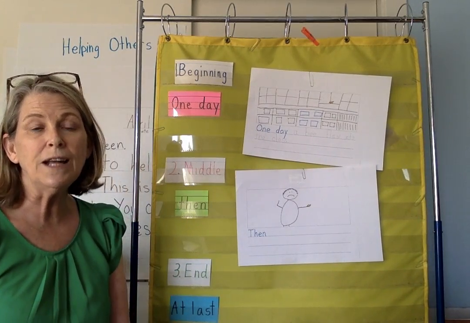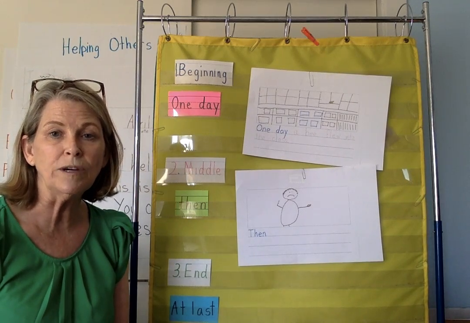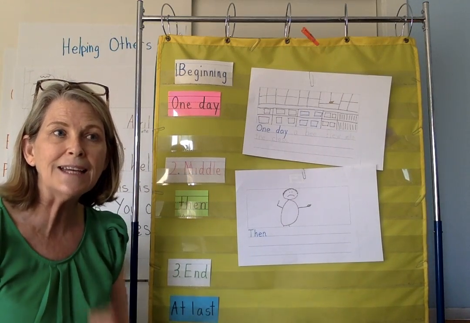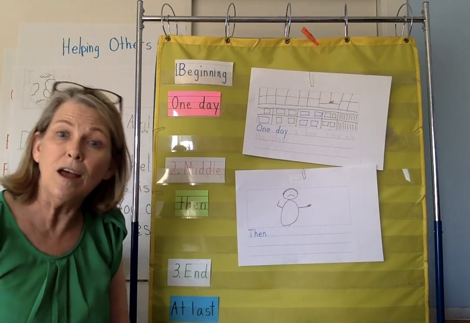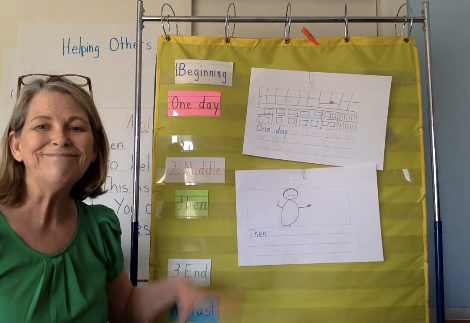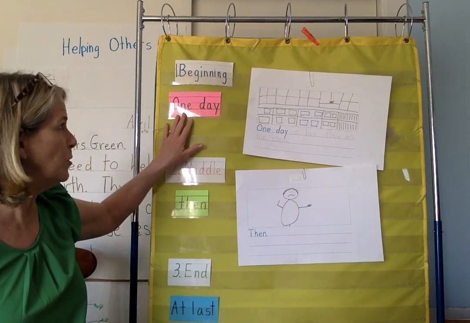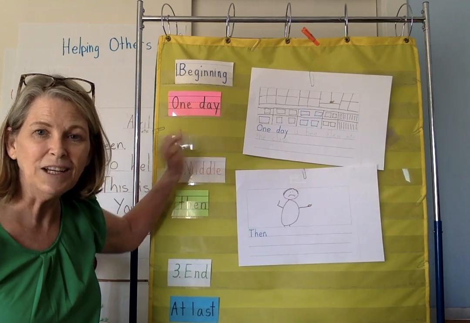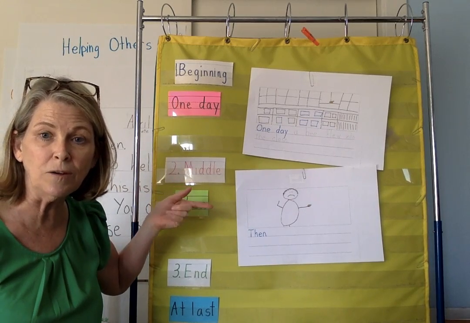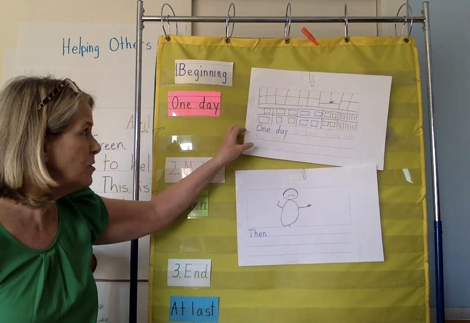So we started out writing our true stories with a beginning, a middle, and an end, and we added some snap words to help us start those parts of the story. So remember, we had in our room one day was a good one to start with for the beginning of the story.